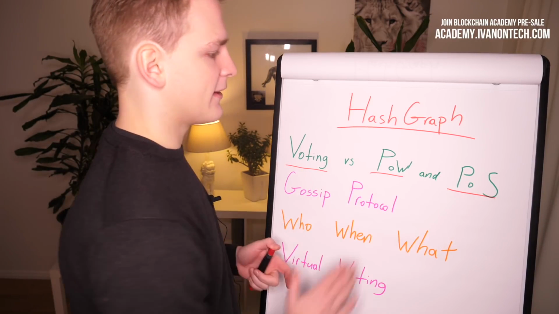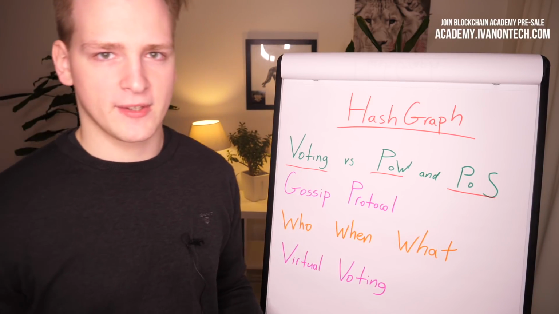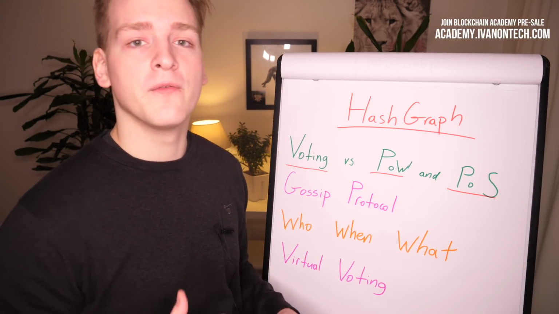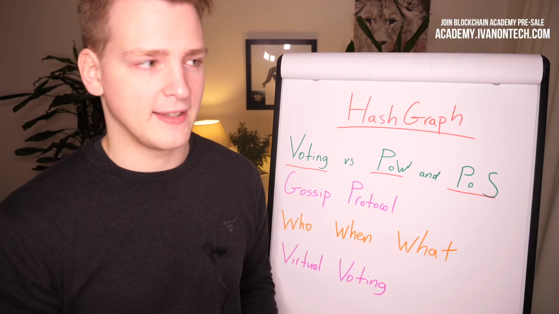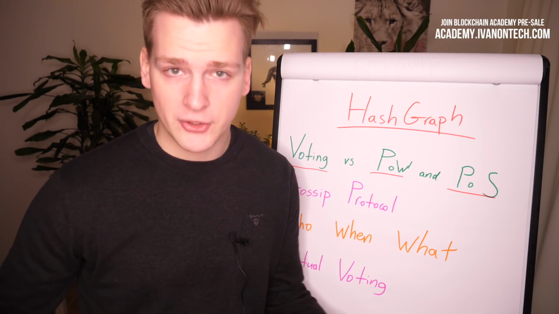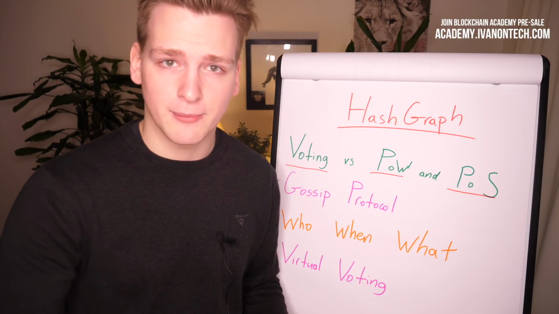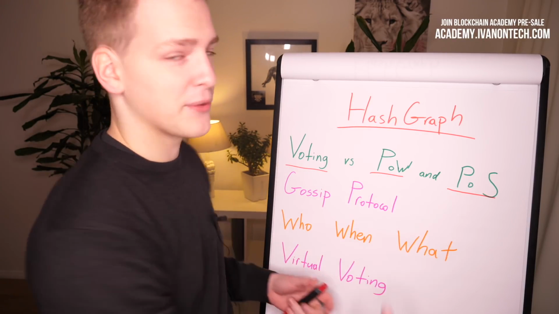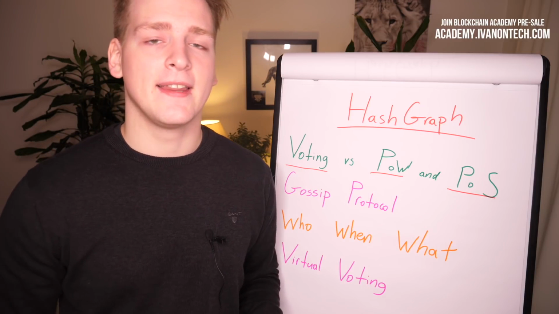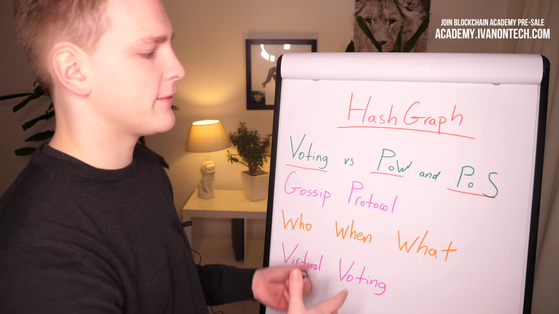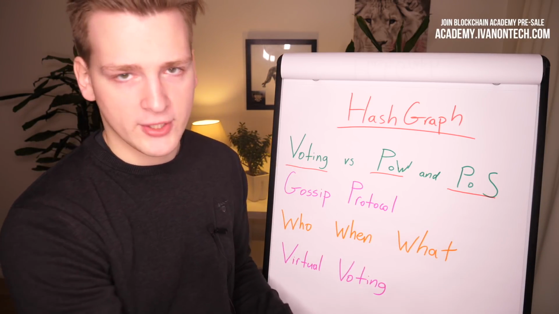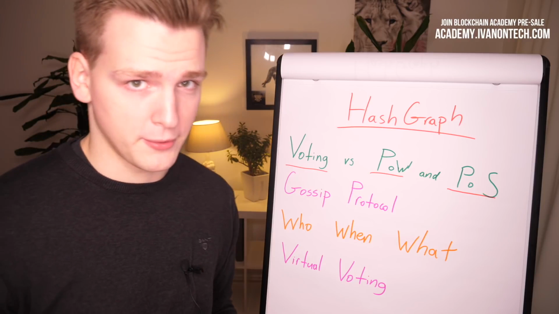In proof of stake, you and I lock up funds, and we vote for the next block. If we vote incorrectly, if we try to get some malicious block or malicious transactions into the blockchain, we will lose the stake that we have locked up. While in proof of work, the disadvantage is the performance, because we need to wait for miners to find the next block, then we need to propagate the block through the network so that all nodes know about it.